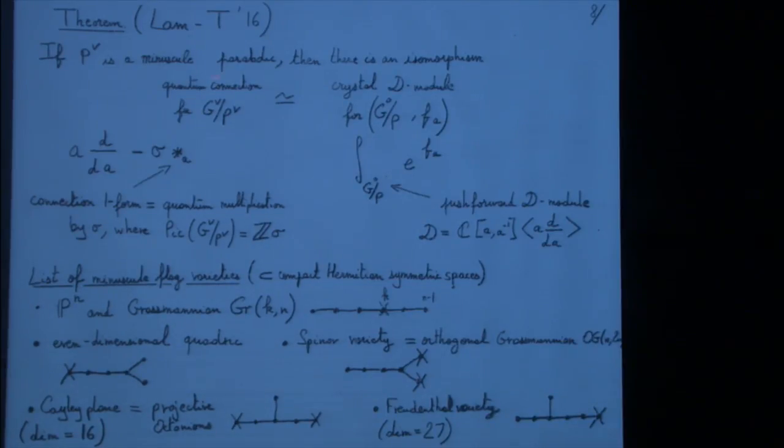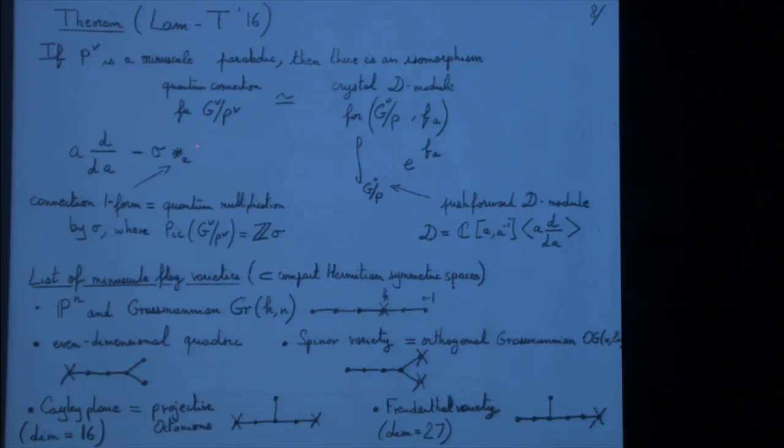So start from one of these flag manifolds, and you view it as the A side. On the B side there is a mirror, and you do this pushforward D-module, and we prove that there is an isomorphism between the two. That's the main statement.